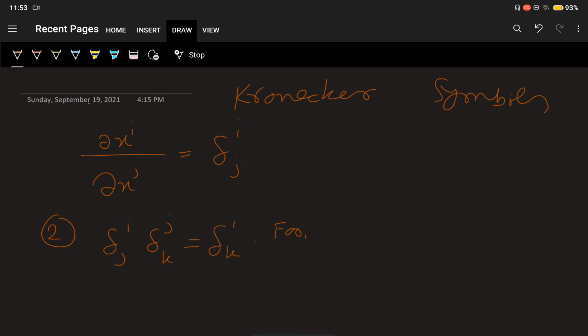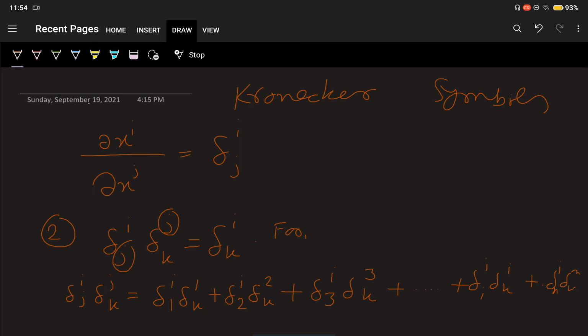When this index is equal, then we can contract that index. So delta ij delta jk equal to delta i1 delta 1k plus delta i2 delta 2k plus delta i3 delta 3k and so on, plus delta ij delta jk and so on, plus delta in delta nk.